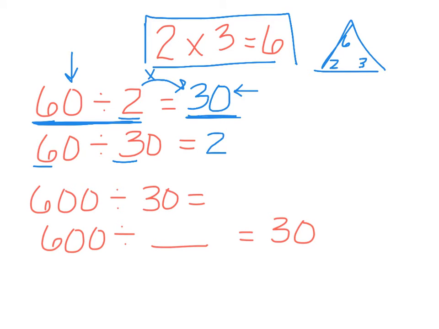And the reason is when I divide 6 by 3, if I divide 6 tens by 3 tens, I get rid of my zeros. Those have been taken care of, and I'm just left with 2. In my first problem up here, 60 divided by 2, this 0 was not taken care of. It's still present. But when I divide a 10 by a 10, those are taken away.